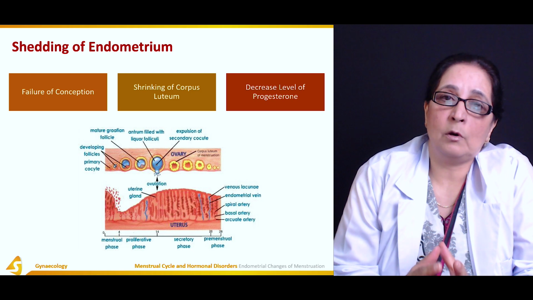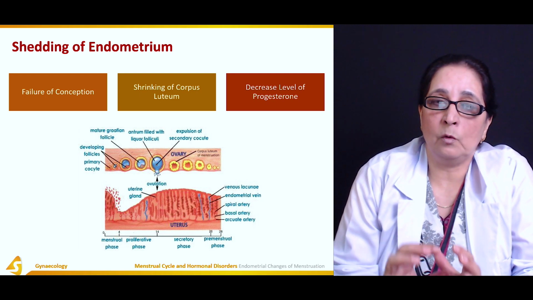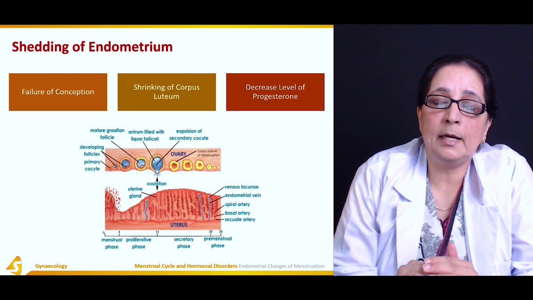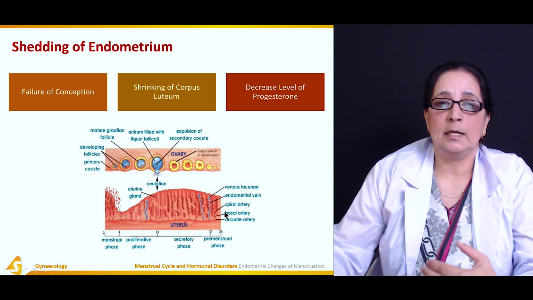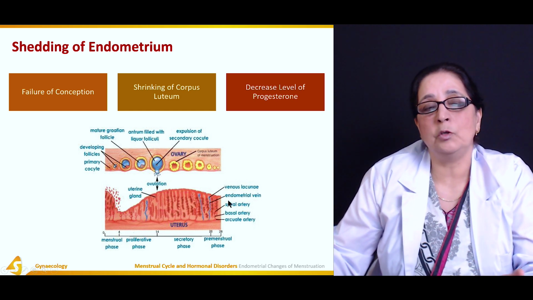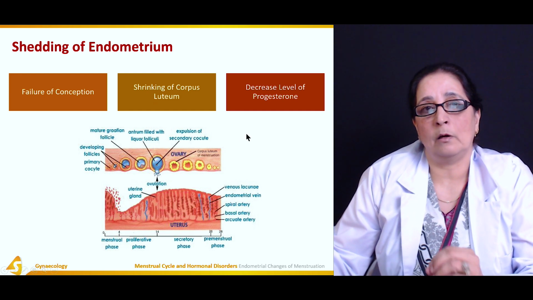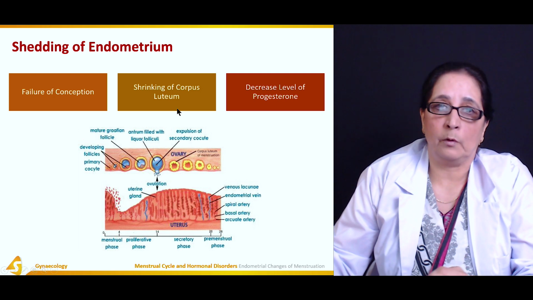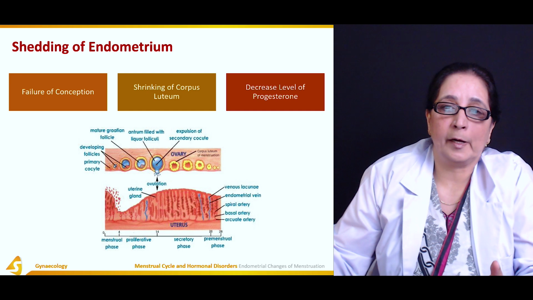But if there was fertilization of the ovum, that fertilized ovum is embedded in the endometrium, and the corpus luteum, instead of shrinking, continues to produce progesterone. That early level of progesterone by the corpus luteum is very important for the continuation of the early pregnancy.